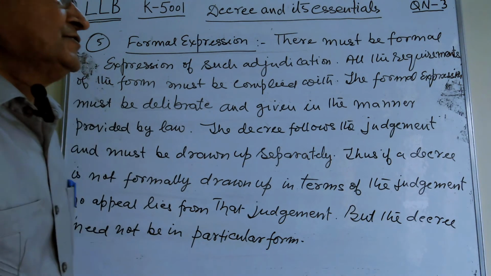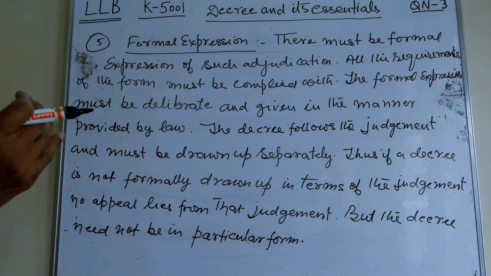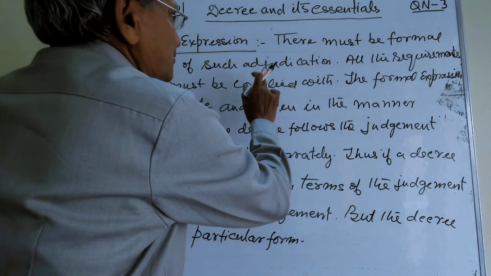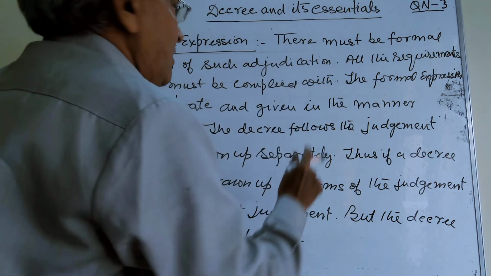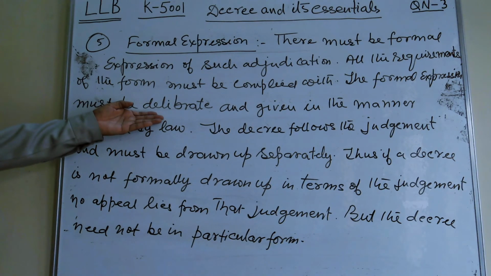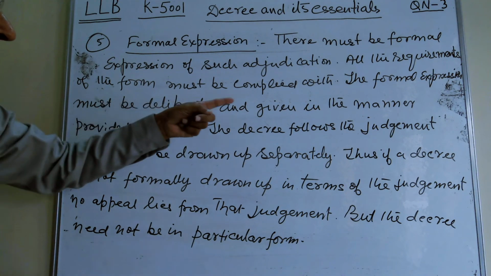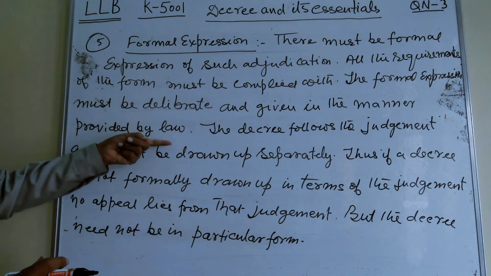My dear friends, I am taking the fifth essential condition of a decree, formal expression. There must be formal expression of such adjudication. Adjudication must be formal. All the requirements of the form must be complied with. The formal expression must be deliberate and given in the manner provided by the law.